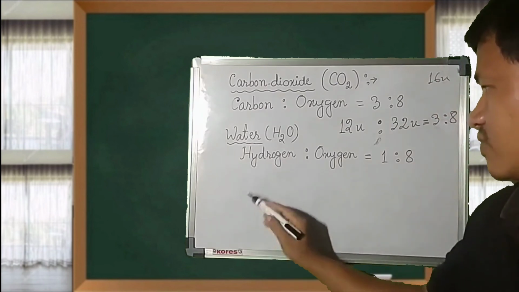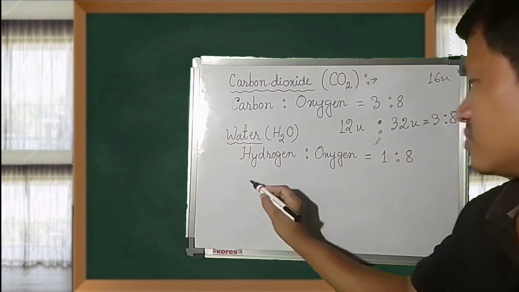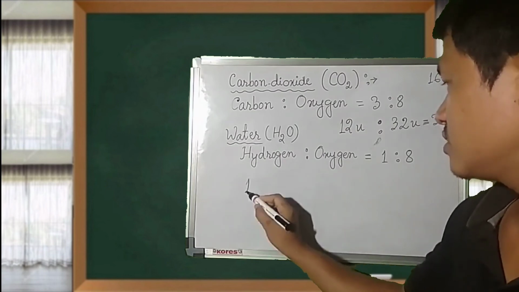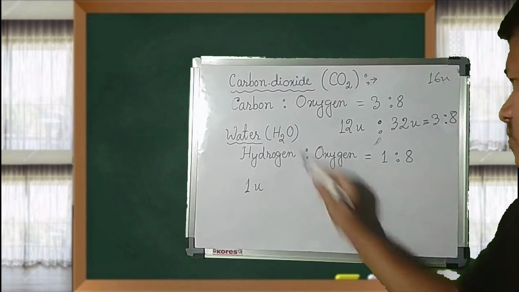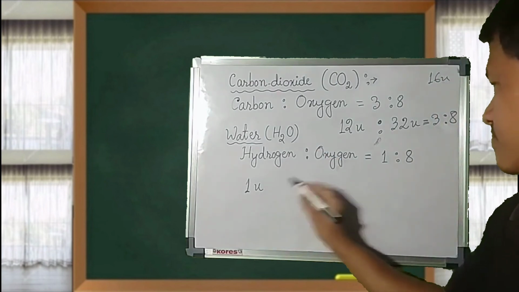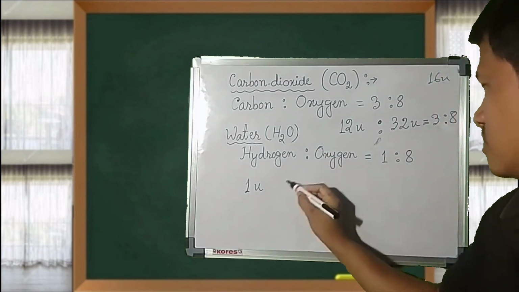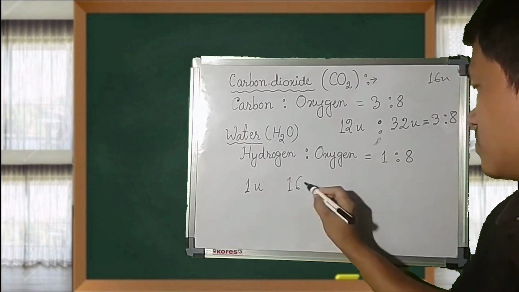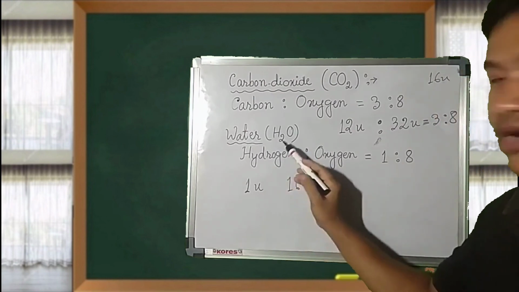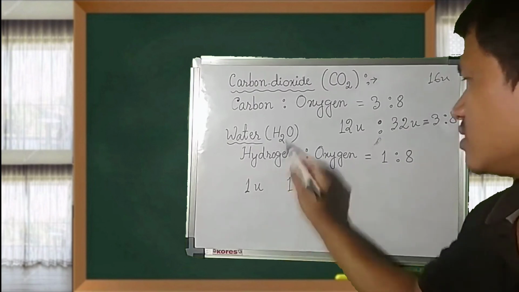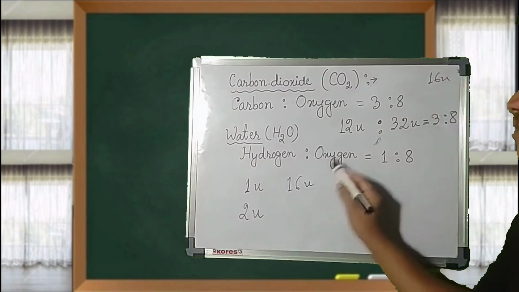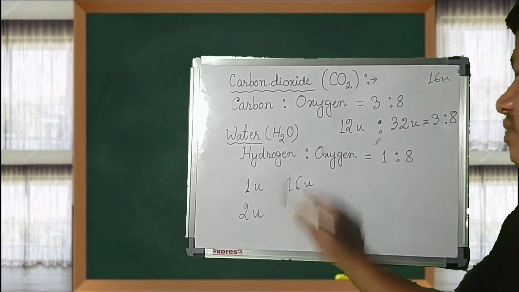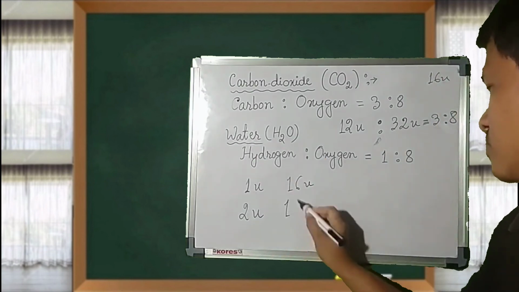Likewise, in the water compound, the mass of one hydrogen element is 1u, and that of oxygen is 16u. There are 2 hydrogen elements, so 2 1s are 2, 2u, and there is only one oxygen element in the water compound, so 16u.